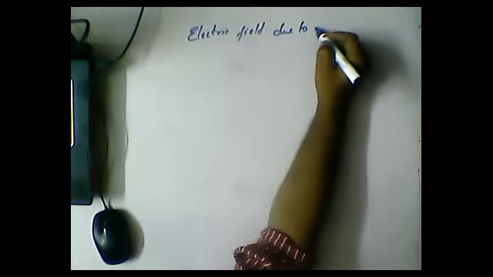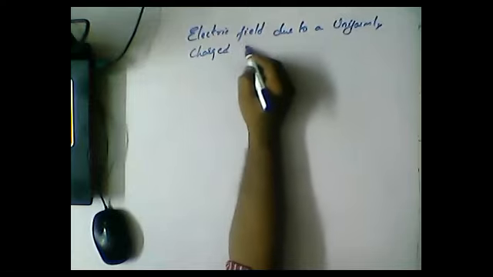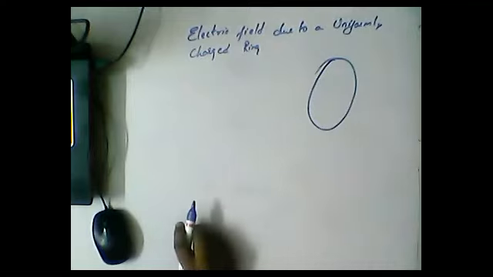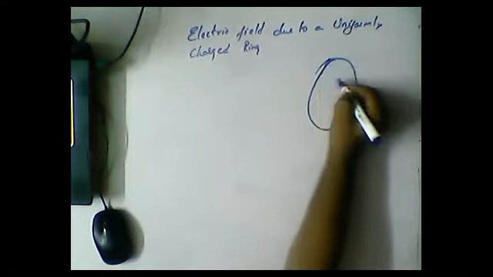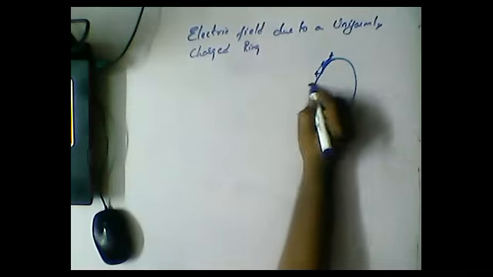So what do you mean by the word ring? A ring is a circular object like this. Now the charge is present throughout the ring like this.